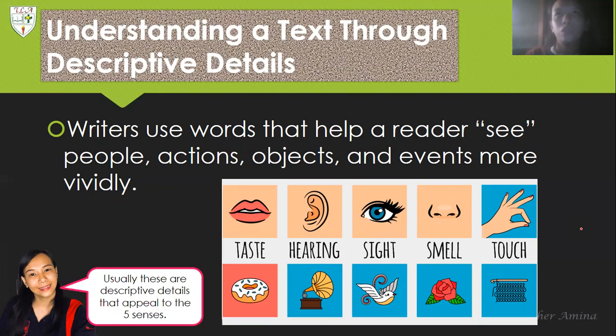Using our senses, we're able to have a clear vision of what the story is about. It is like the fuel to our imagination to be able to see the details about the characters in the story, or the places or the events happening in the story.